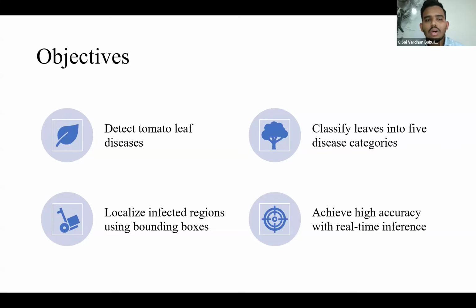Our work is not only to classify the disease, but also to localize the infected regions using bounding boxes. We also wanted to achieve high accuracy and high real-time accuracy, so we have chosen the YOLO V8 medium-sized model for this purpose.